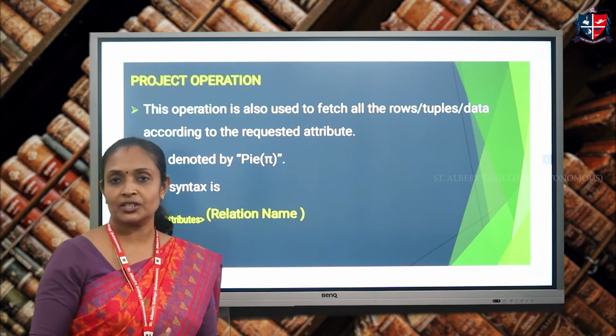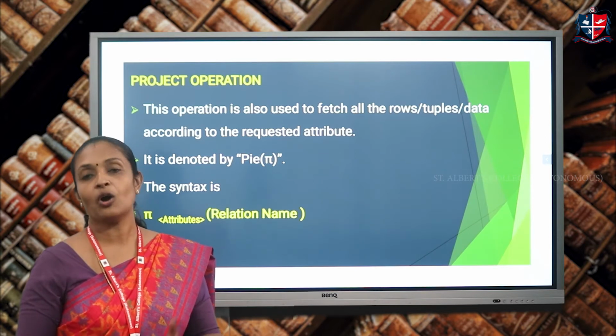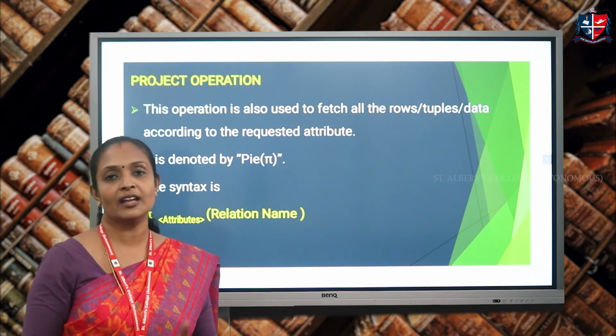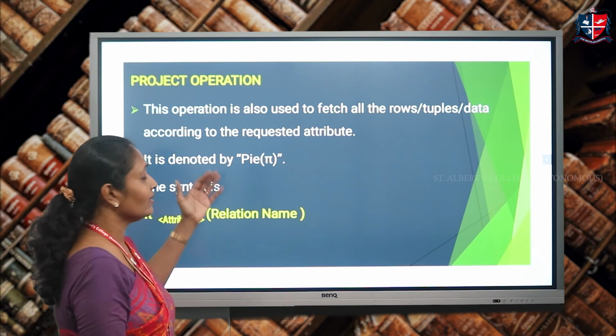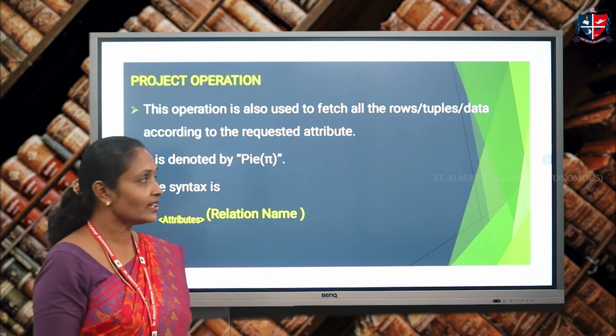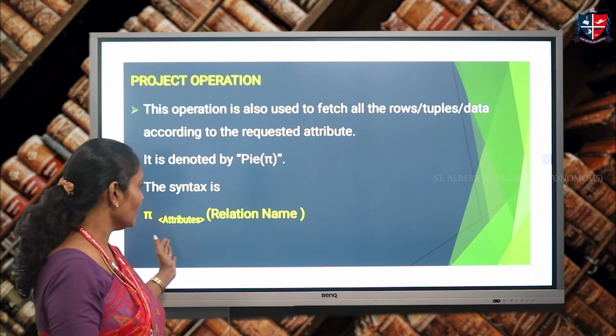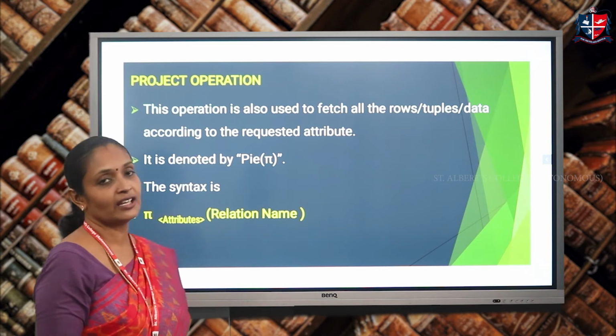In that situation, we can either retrieve all the attribute values, or we can specify certain attributes. In relational algebra, the project operator is represented by the symbol pi, and the syntax is pi, attributes, and the relation name.